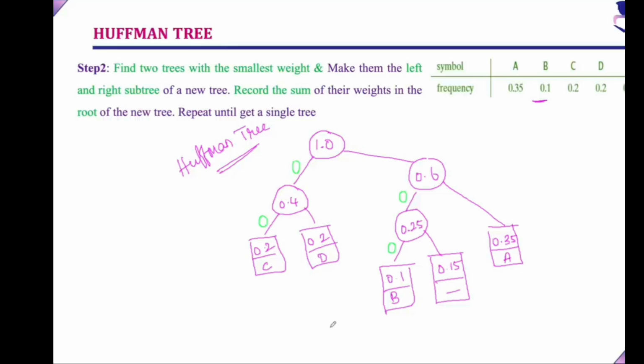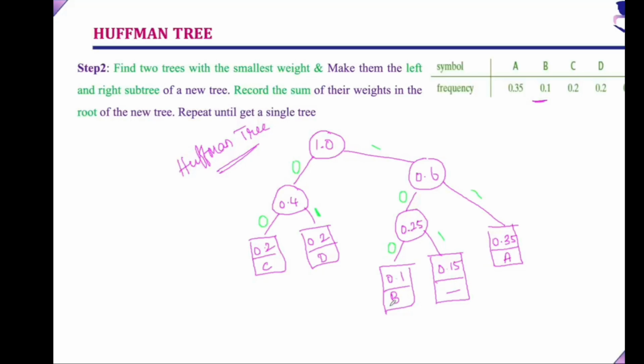And the right subtree in all levels, we have to mark it as 1. So here this right subtree is 1, this is right subtree 1, this is right subtree 1.